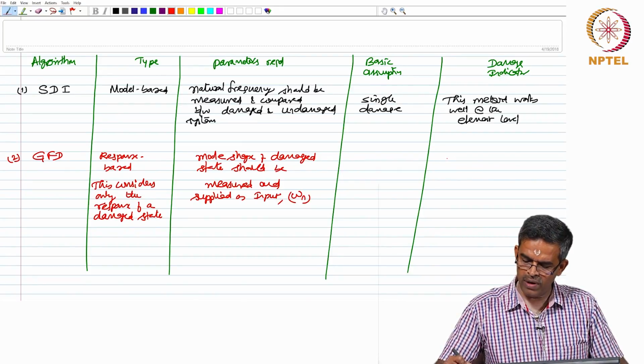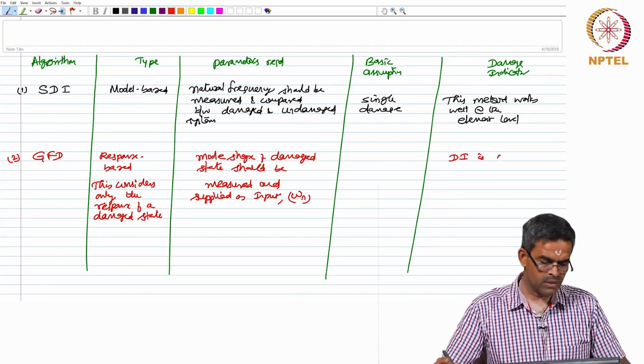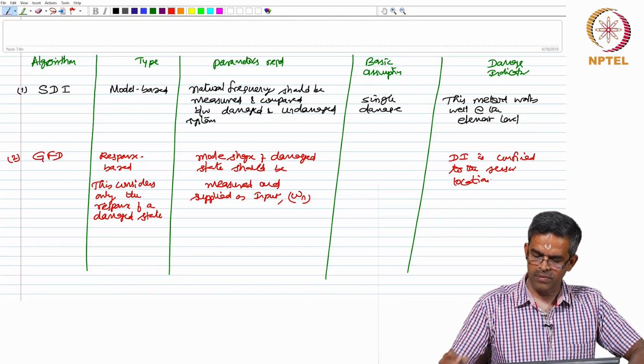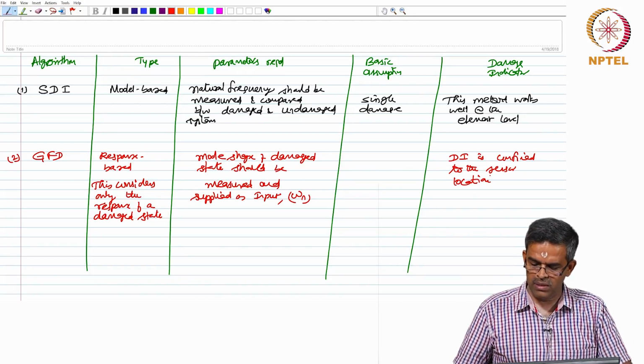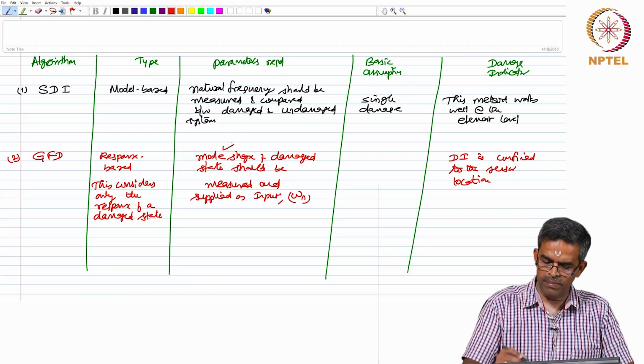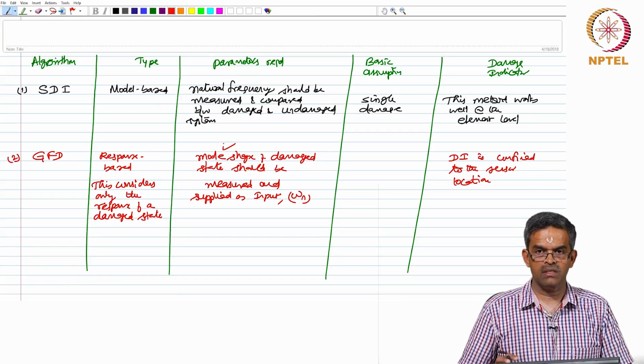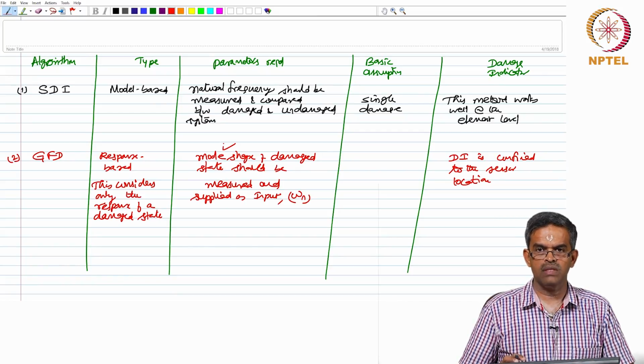The damage indicator is confined to the sensor location, because you are using sensors to measure the mode shape. So, wherever sensors are located, the damage indication will be around the sensor location.